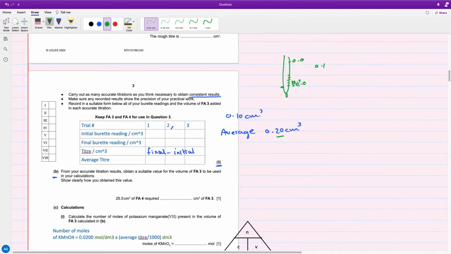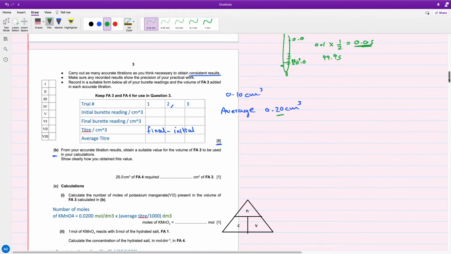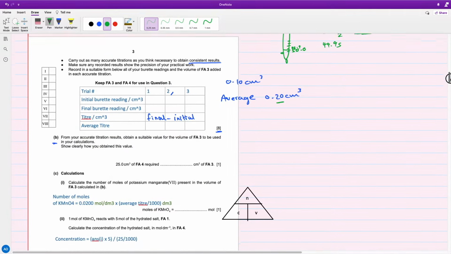So say that the liquid ends here, between 50 and 49.9, you're allowed to do 49.95. The reason that's possible is because when you have this division, 0.1, you can multiply it by half, and that's 0.05, and that gives you your error, basically. And that's actually one of the questions, I think in question 2, where they ask us to find the error of the thermometer. Alright, so let's move on.